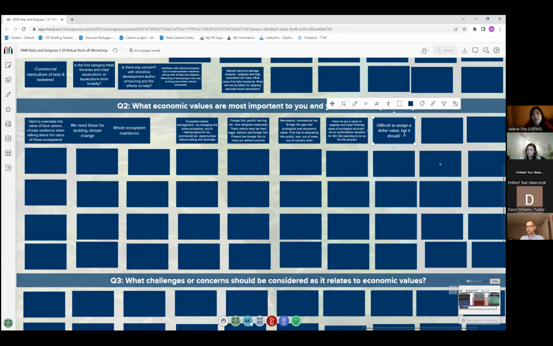So unfortunately, we never get 100% towards full restoration of eelgrass or kelp. Thanks, Valerie. Okay. Anything else before we move to question number 3?